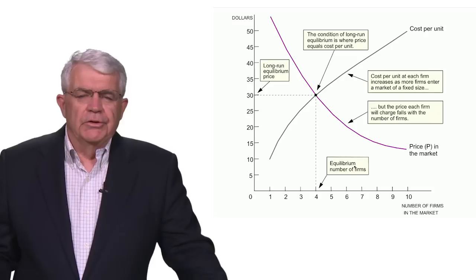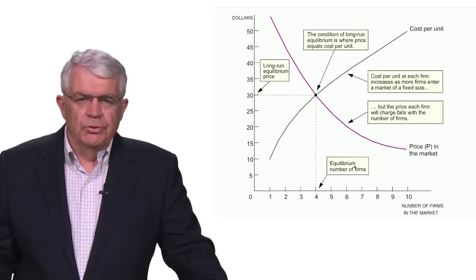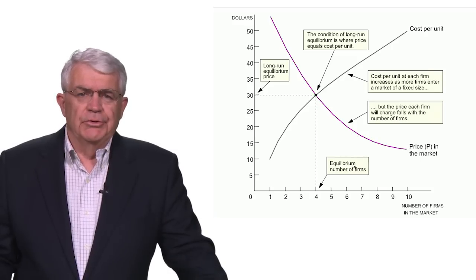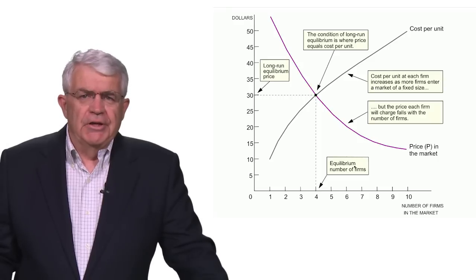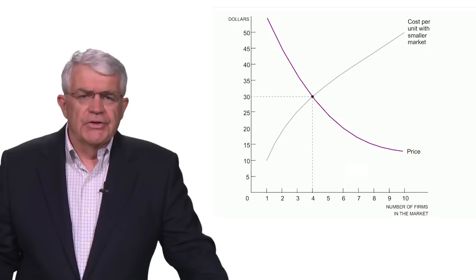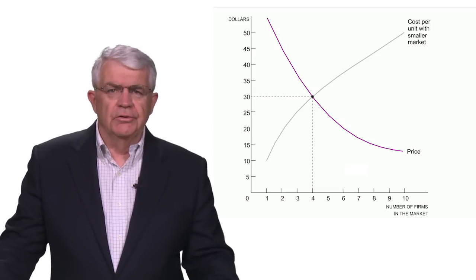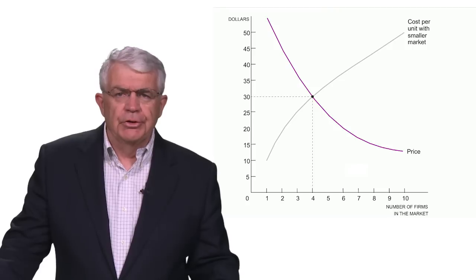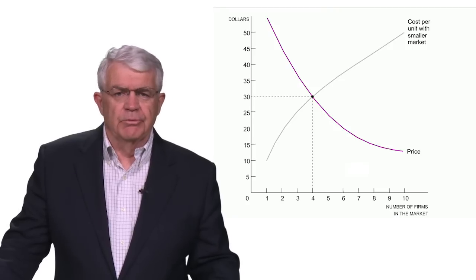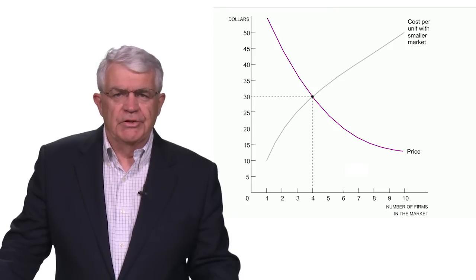And now what we want to do is use the model, as we've advertised, to compute the gains from trade if the market gets bigger. As the market gets bigger, that cost per unit line will shift down. So we'll get a new equilibrium. So let's see how that works. There's the picture where we're starting. We'll call this cost per unit with a smaller market because we want to see what happens when the market gets bigger.